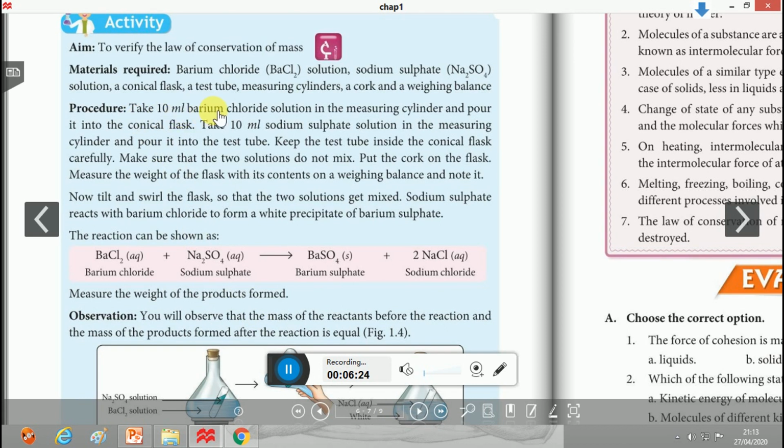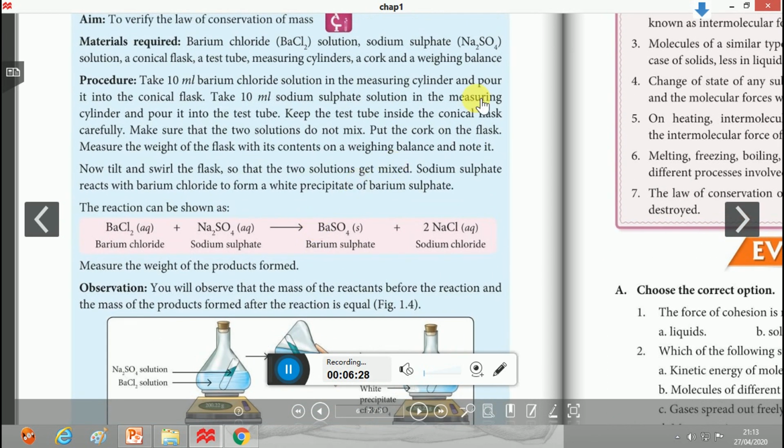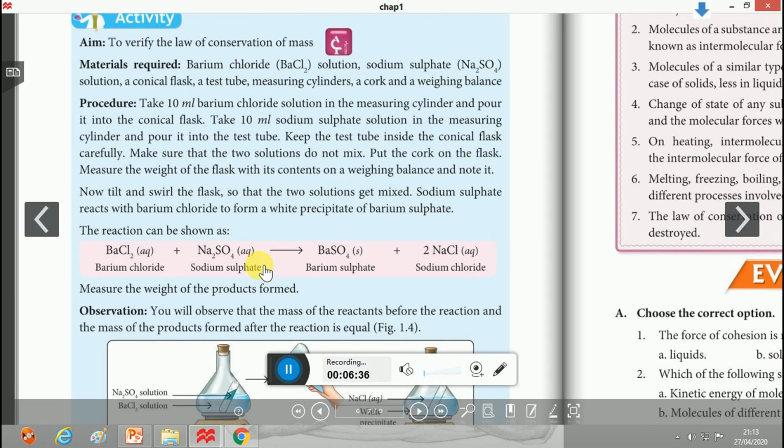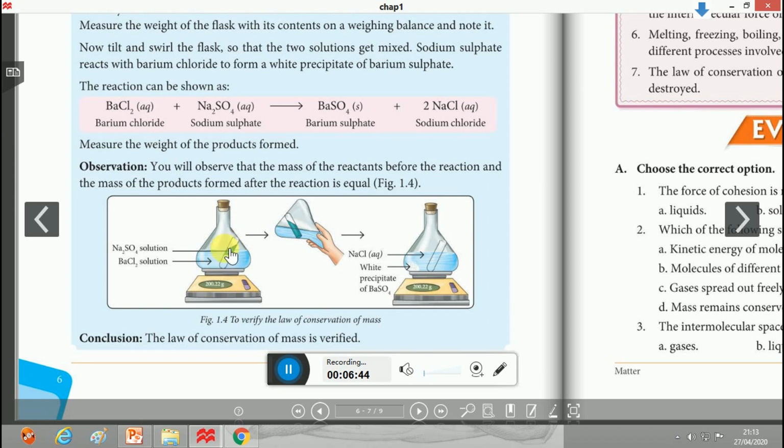Take 10 ml of barium chloride solution in the measuring cylinder and pour it into the conical flask. This is the 10 milliliter of barium chloride solution. Take 10 milliliter of sodium sulfate solution in the measuring cylinder and pour it in the test tube. Look at this, this is the sodium sulfate aqueous solution, and you have to insert this test tube very carefully.